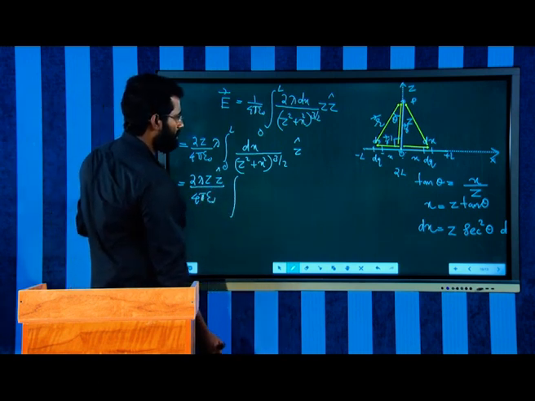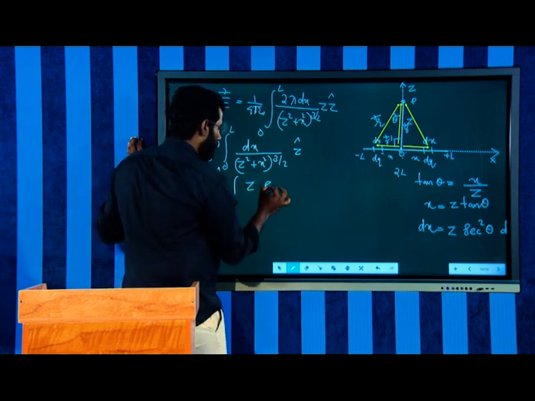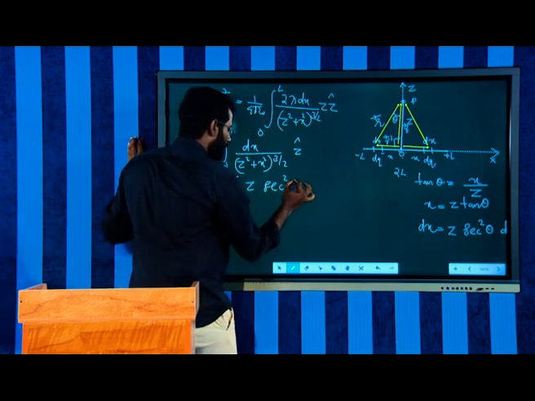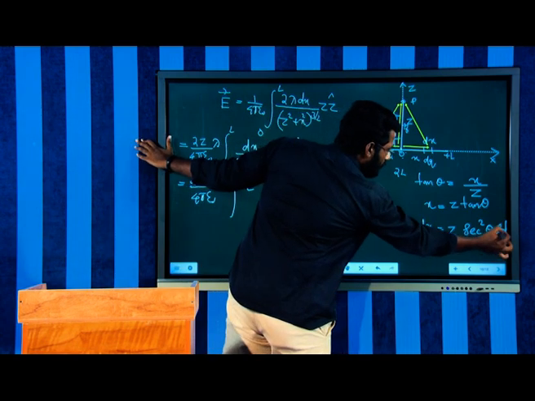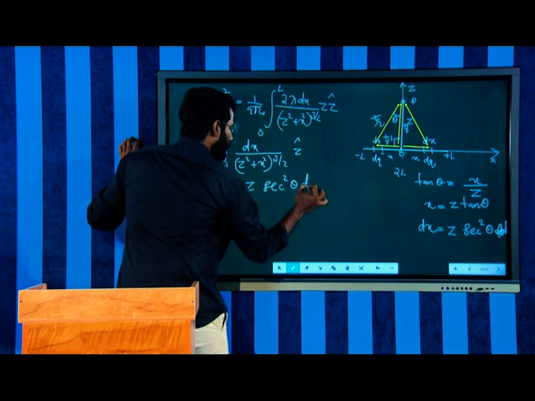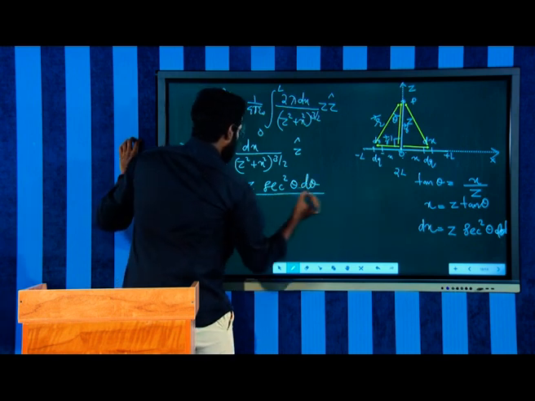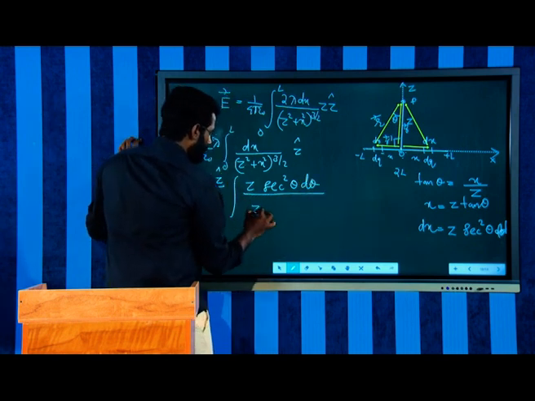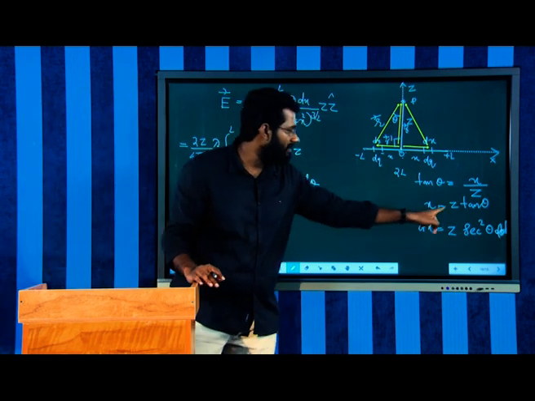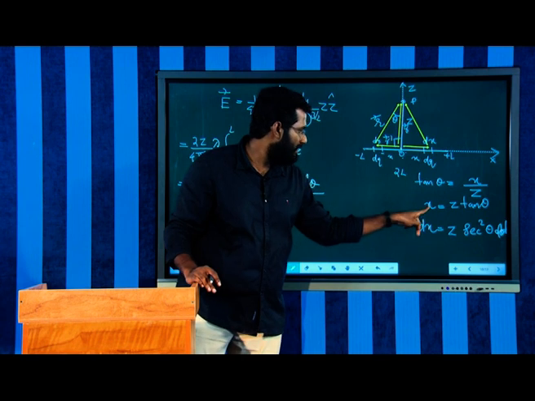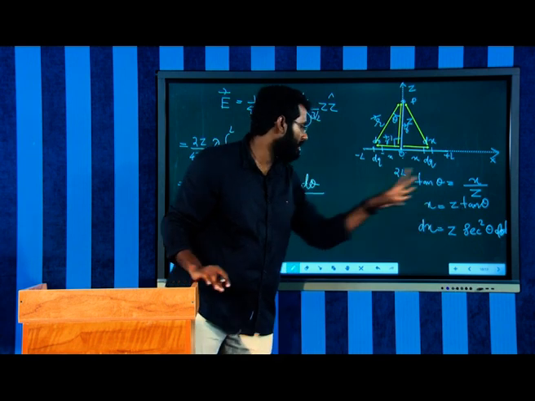Instead of dx, I can substitute z sec square theta d theta, divided by z square itself into, instead of x, I can substitute x equal to z tan theta, that is x square is equal to z square tan square theta.